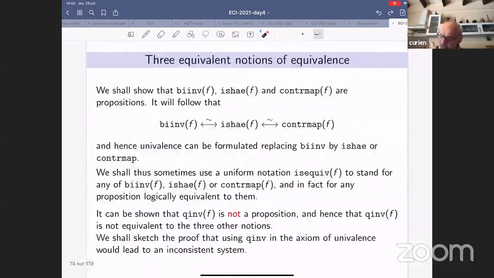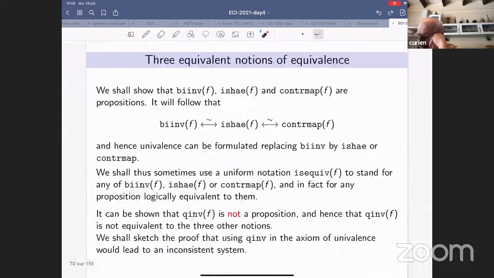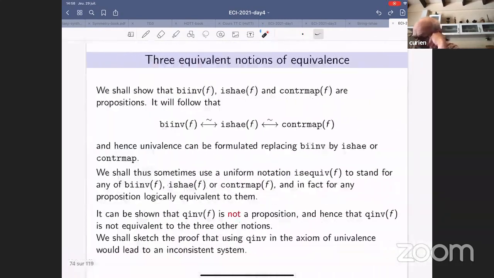And then the other thing which I also announced yesterday is that among these four ways of defining being equivalent, three of them are propositions, and hence these logical equivalences turn into actual equivalences and can be used for univalence.